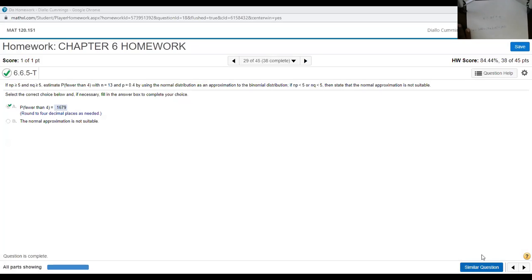All right, so in this problem, we're given the conditions that n times p is greater than or equal to 5, and n times q is greater than or equal to 5.